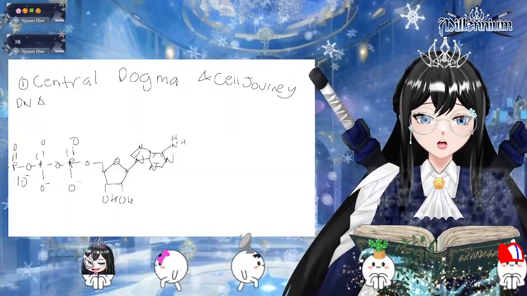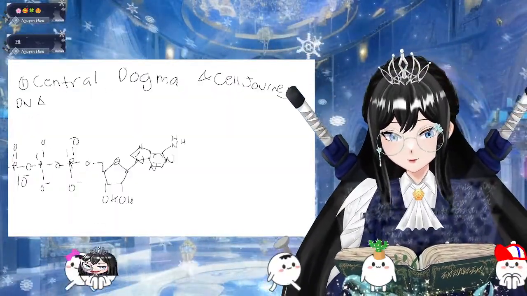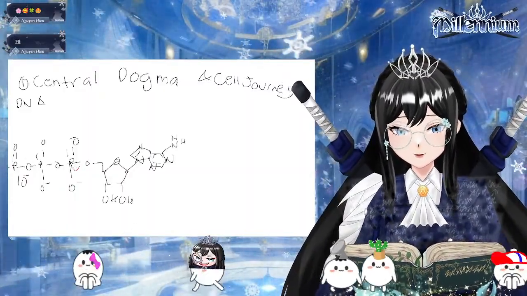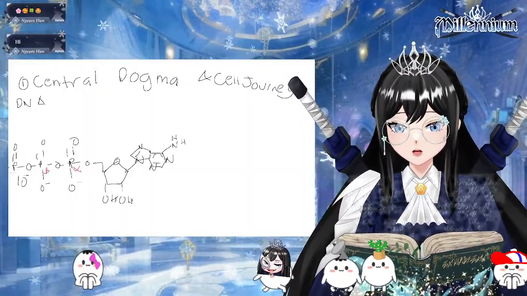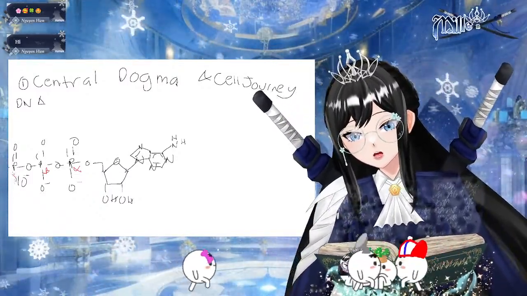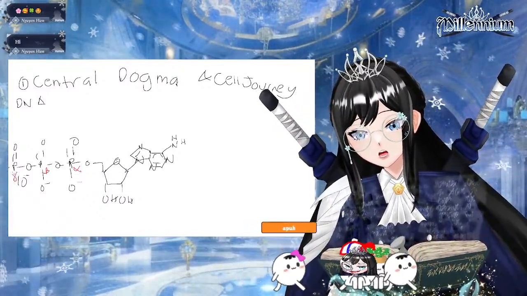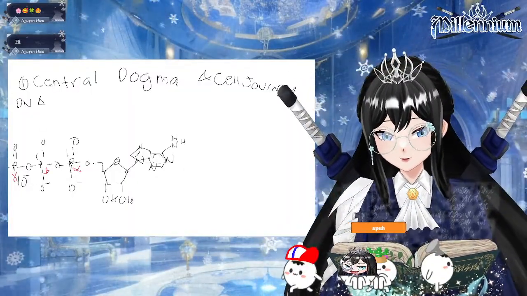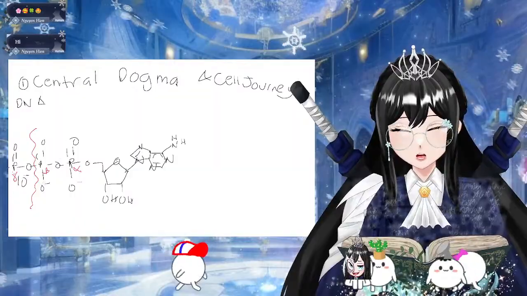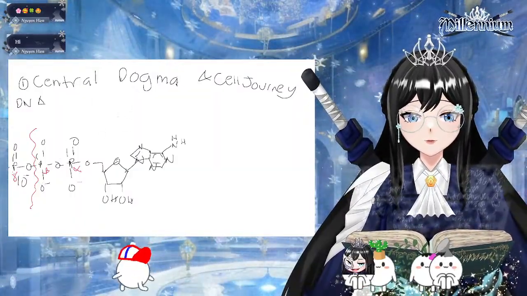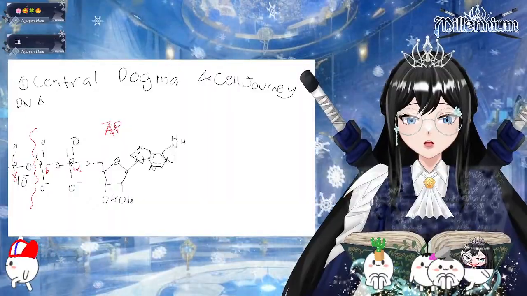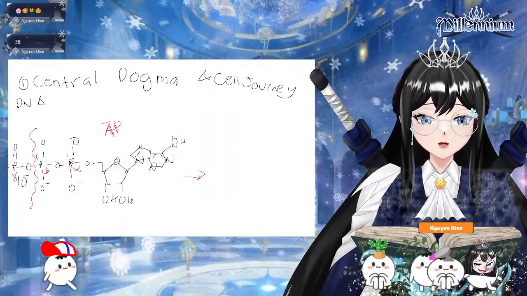In terms of which ones will break first, you have alpha, beta, and gamma. Does gamma look like this? I think gamma. You break this part first, and so that's how you make it from ATP into ADP.